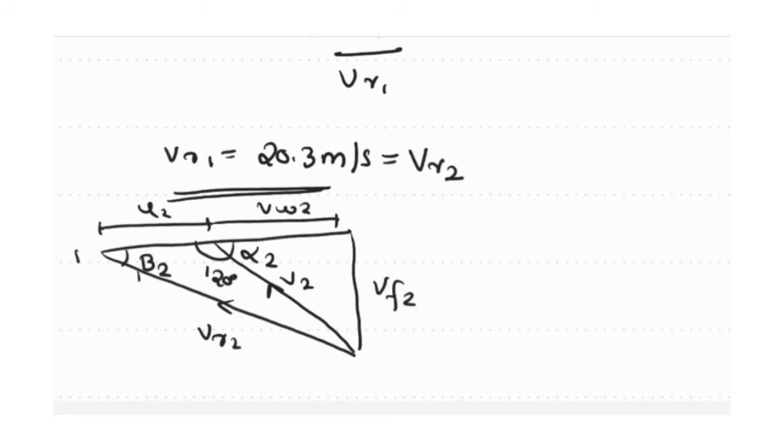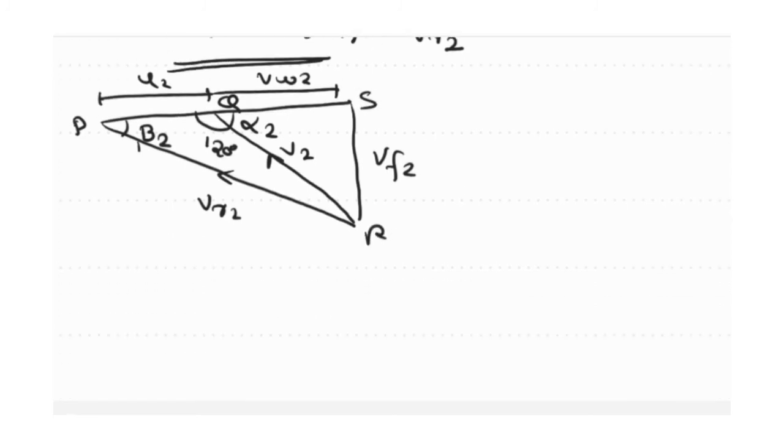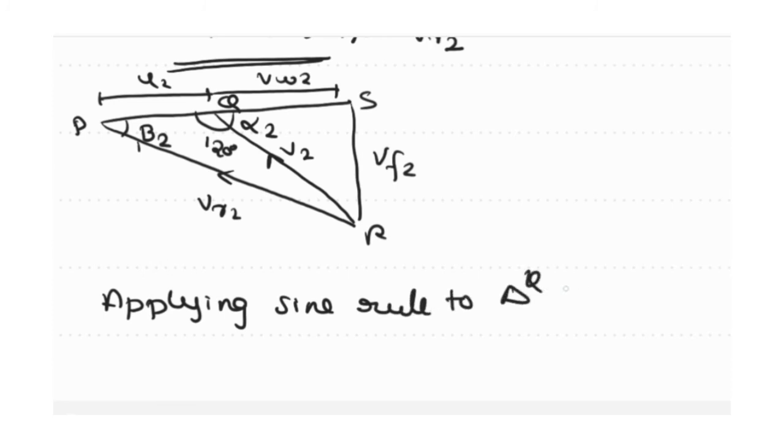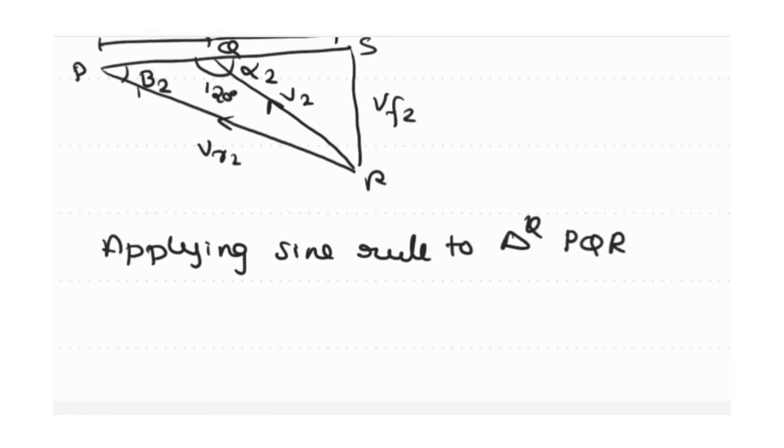So if I name it as PQRS, now we should calculate the value of beta 2 here. In this we know U2 is known and VR2 is known. I will now apply the sine rule to the triangle PQR.